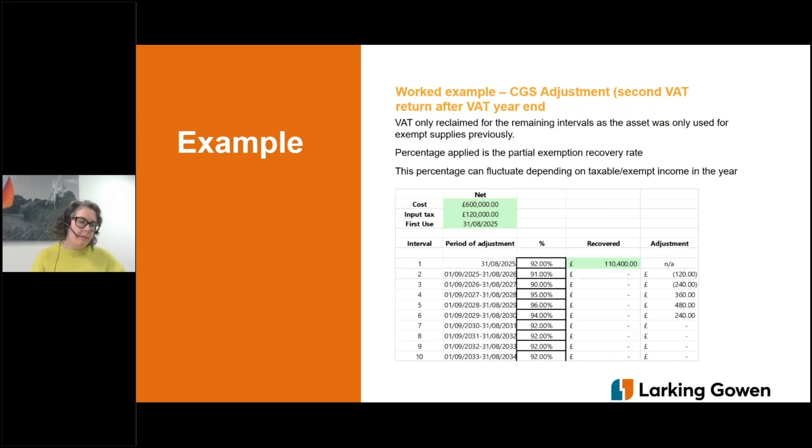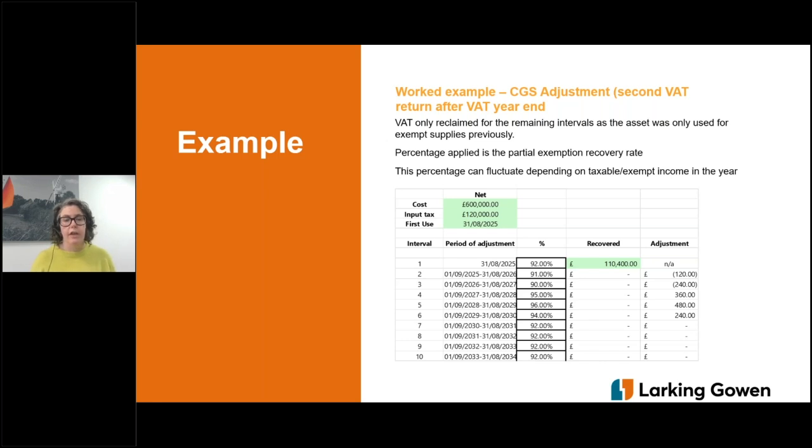So what about a new building? So one that you have bought or constructed after you've been VAT registered. So let's say here we've incurred £120,000 on a new mixed use building. Again, we're going to be able to recover the VAT at our residual recovery rate because there is mixed use of that property.